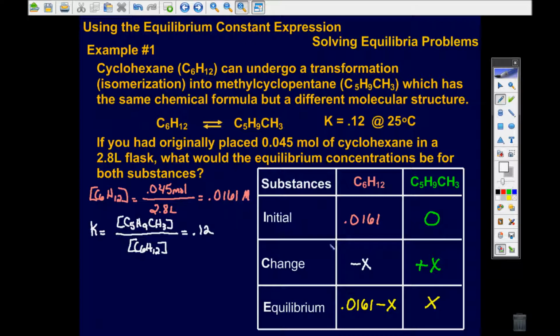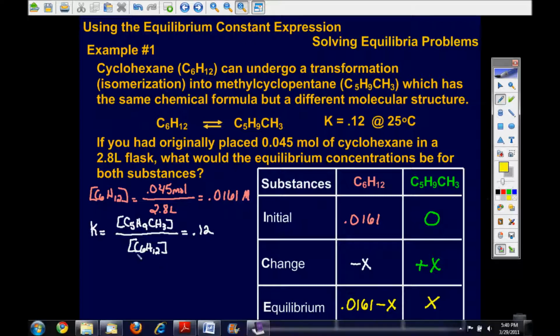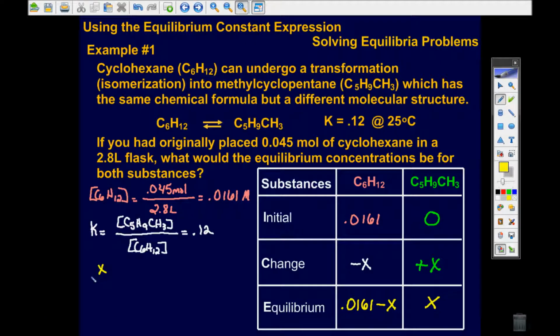Now, I can come over here and I can plug in these equilibrium concentrations right into this formula. And that's what I'm going to do. So on the top, I'm going to have X. And on the bottom, I'm going to have this one, which is 0.0161 minus X. And all of that's going to be equal to 0.12.